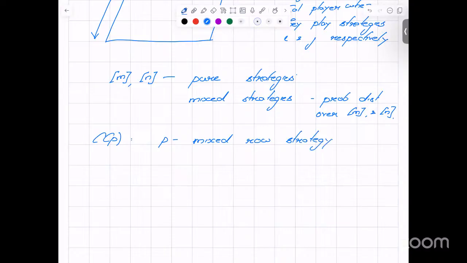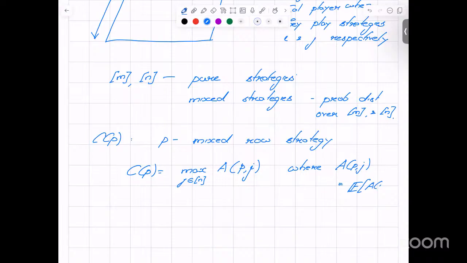If the row player plays the mixed row strategy P, C(P) is defined as the max over all j of A(P,j), where A(P,j) is the expected value of a_ij when I pick i according to P. So if the row player is playing strategy P, the column player is going to play strategy j, and he wants to maximize this.